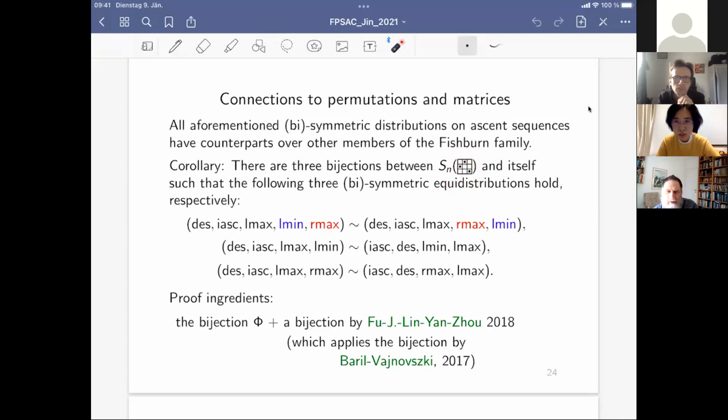It means some pattern. So let's say it's 312. It's less restrictive than 312 pattern avoiding, because if we restrict to 312, then it's the Catalan number. It's less restrictive, then it becomes the fishbone numbers. But I don't know if this answers your question.